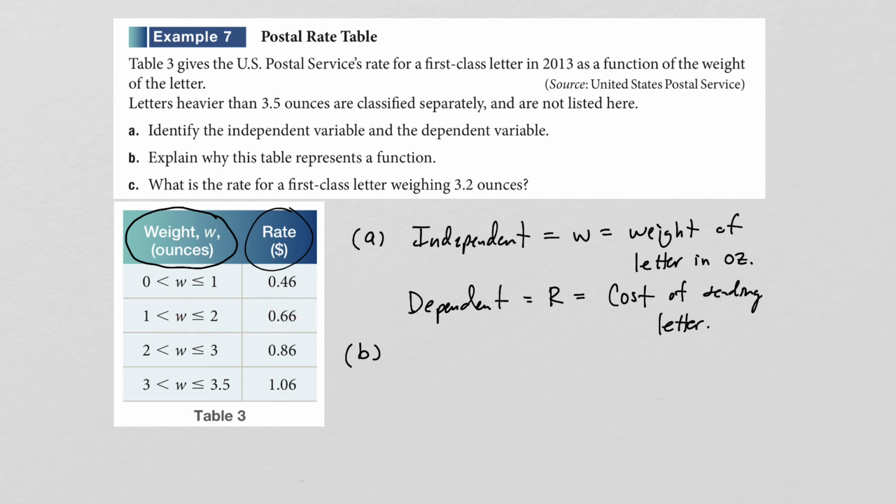So if, for example, the weight was 1.5 ounces, 1.5 is a number between 1 and 2, that would cost 66 cents. So because your weight is only a single number, that means it's only going to fall into a single category. And then once you get that category, there is a single rate. So every unique weight has a unique postage amount, okay? So that's a verbal explanation.